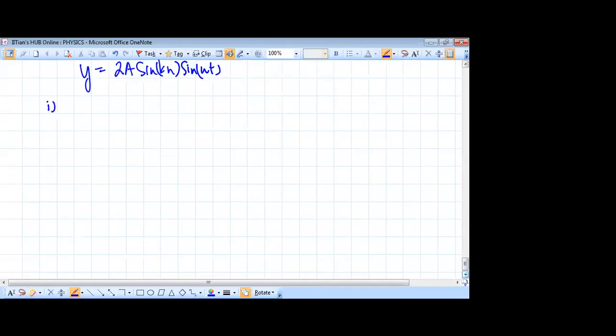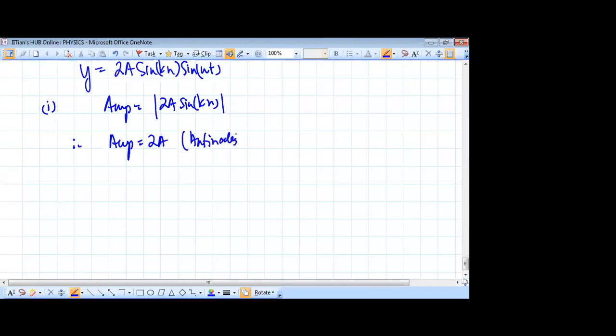So you can see that the amplitude of the medium particle is given by this. Therefore, amplitude equal to 2a, that is antinodes, for sine kx being plus minus 1. So kx being pi by 2, 3 pi by 2.